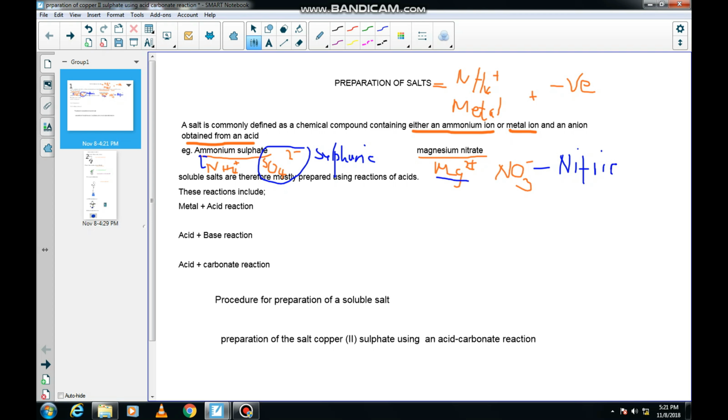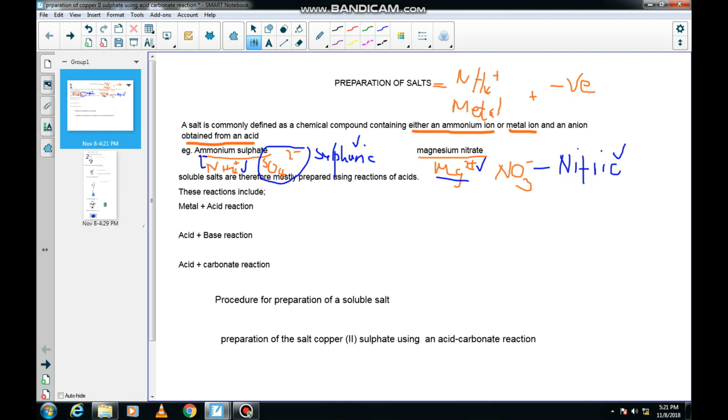This is to bring to life the definition that says a salt contains either an ammonium ion or a metal ion and a negative ion which is obtained from an acid.